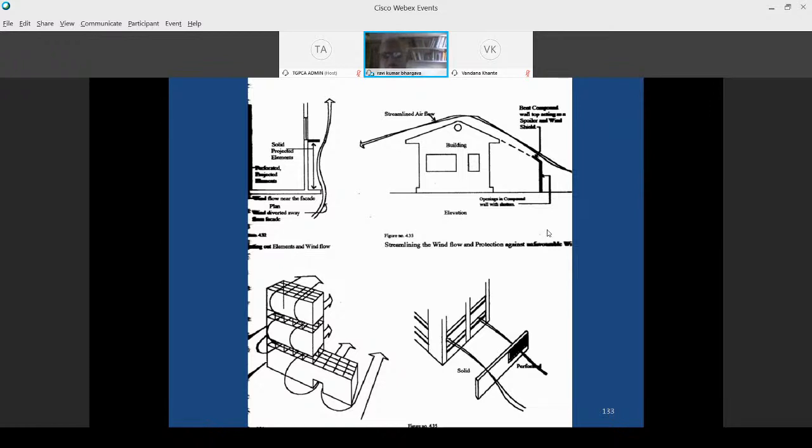But the problem with such projections is that they will divert the normal wind away from the building, depriving the building of the advantages of convective cooling.